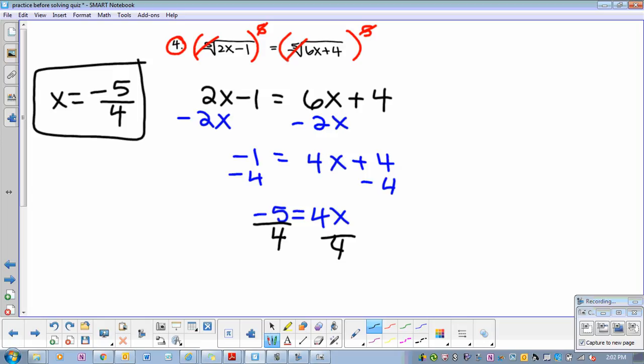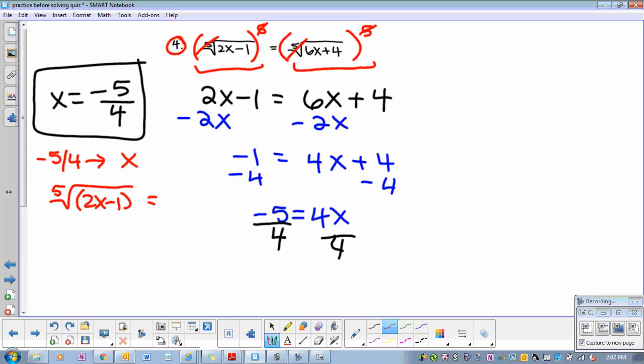So when I go to put in -5/4 stored for x, I need to put in the left side. So put in fifth root 2x minus 1 and see what I get. Then I put in the right side, fifth root 6x plus 4. And then I see if they equal each other.